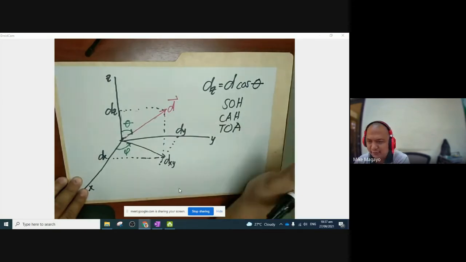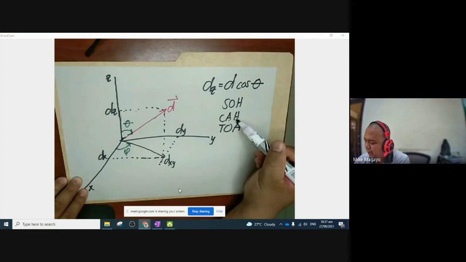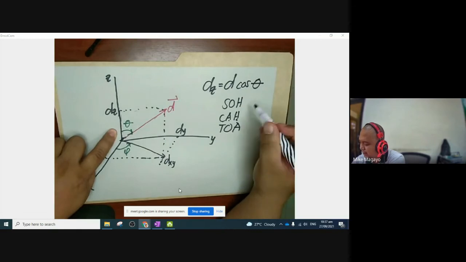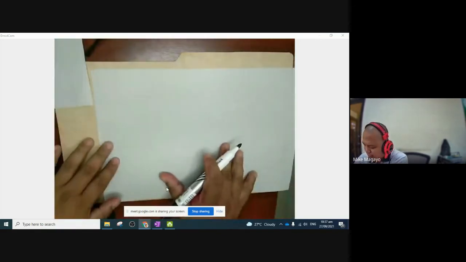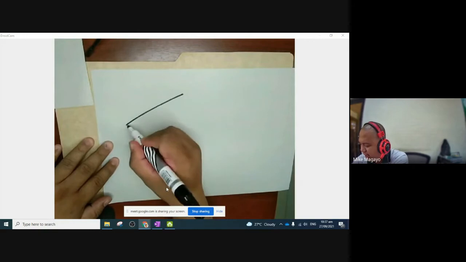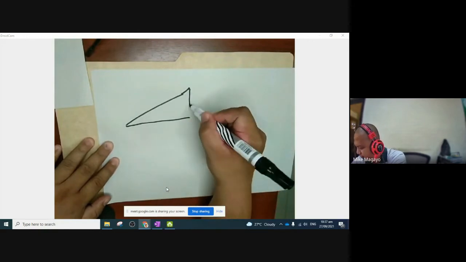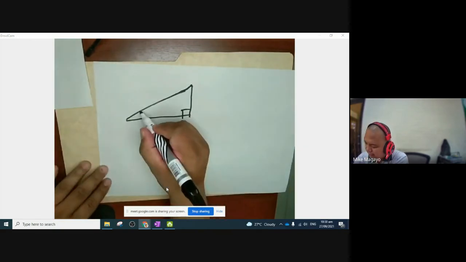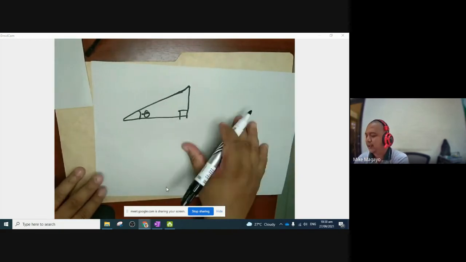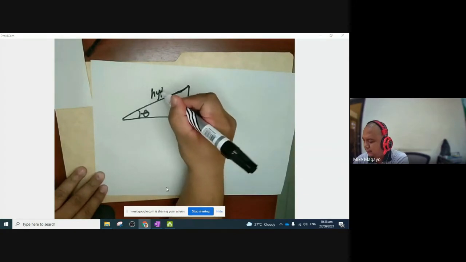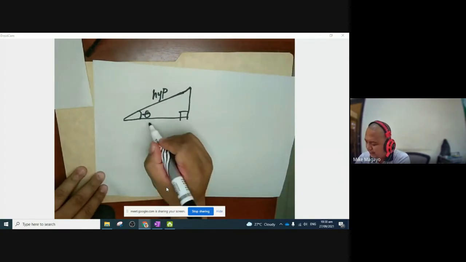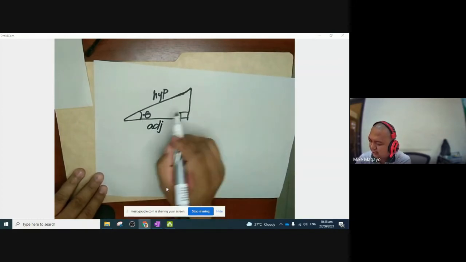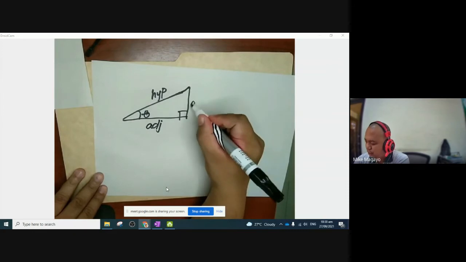It's not useful. Cosine is adjacent over hypotenuse, and we want to deal with adjacent. So, a review: if you have a right triangle and you have an angle, let's call it theta, and this is your hypotenuse, then the side beside the angle is automatically the adjacent, and the side opposite the angle is the opposite.